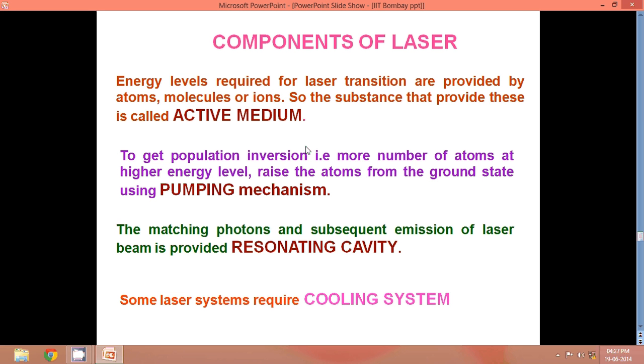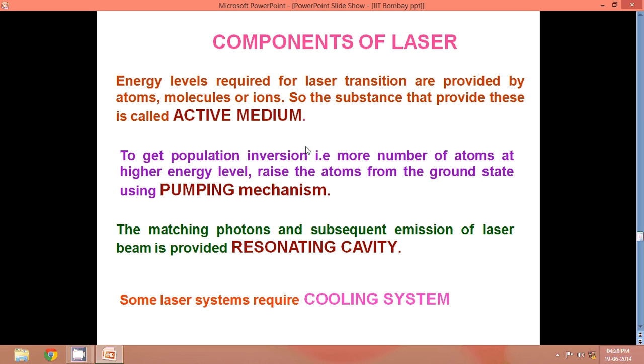Now, to get laser action, we should have more atoms in the upper level than the lower level. This is called population inversion. Population inversion is achieved by a pumping mechanism. So, by pumping atoms from lower level to higher level, we achieve population inversion.